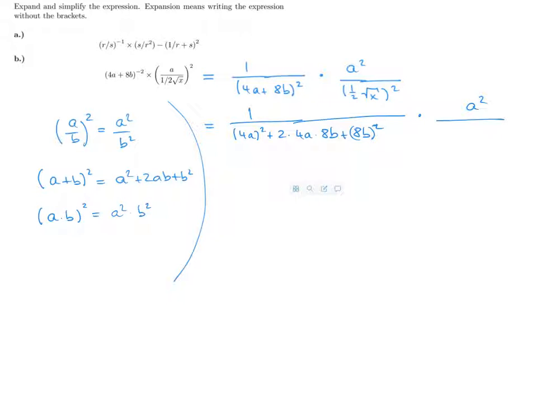So this would be 1/2 squared is 1/4, and the square root of x to the power of 2 is just x.